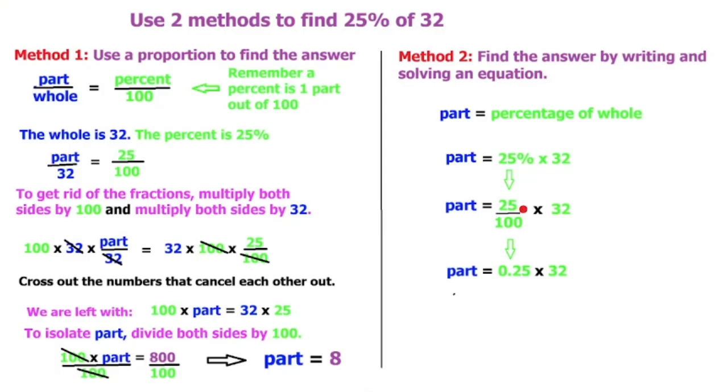So you're left with 0.25 times 32. So you just multiply that and you get 8. So 25% of 32 is 8 with both methods. Both methods give you the same answer.